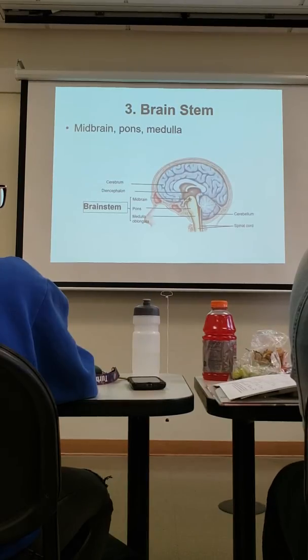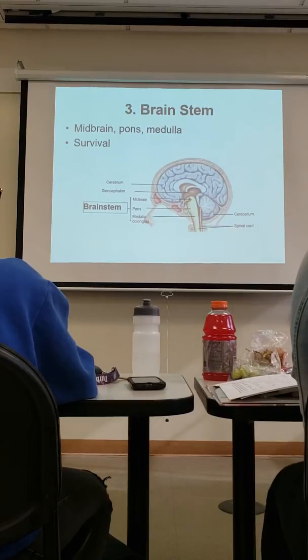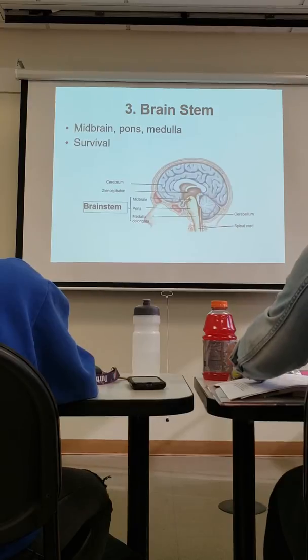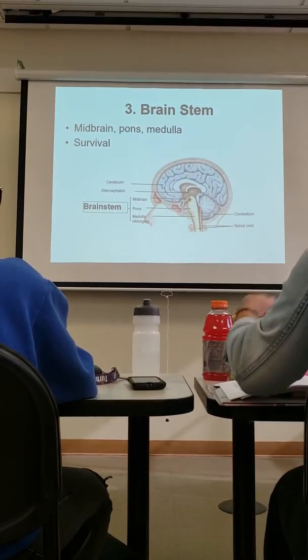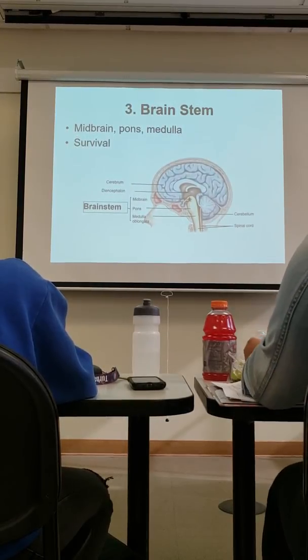Okay, autonomic function, but lots of brain areas do autonomic function. Coordination? Not totally incorrect, but if there was one word you had to use for the brainstem, it would be survival.